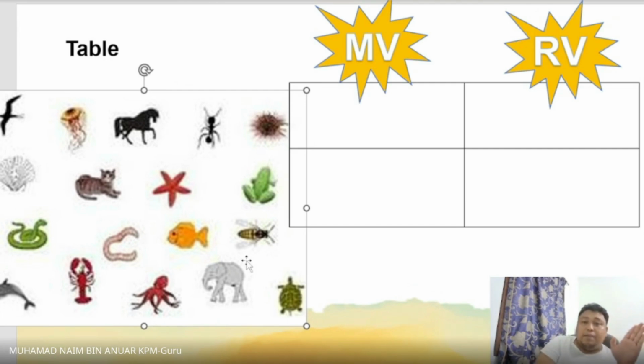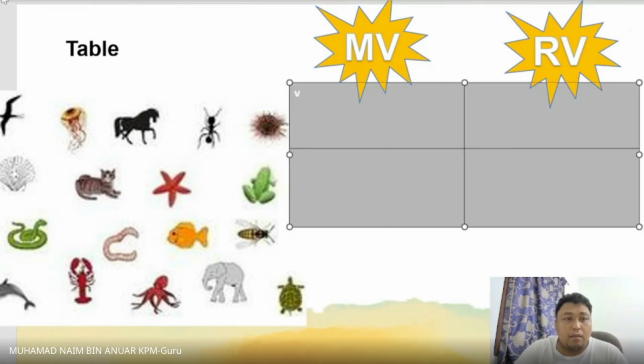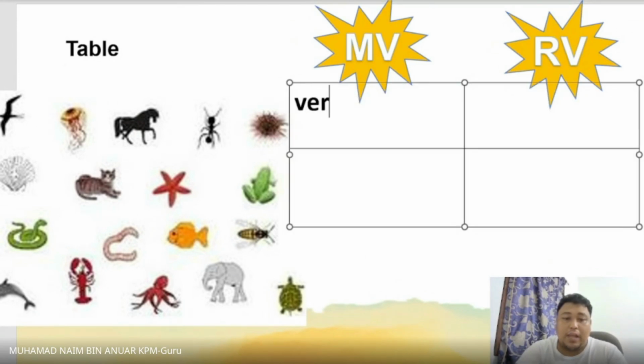So remember, left side is MV, right side is RV. This question, I help you to answer. This one is for vertebrate and invertebrate. Okay, the MV is type of backbone they have.